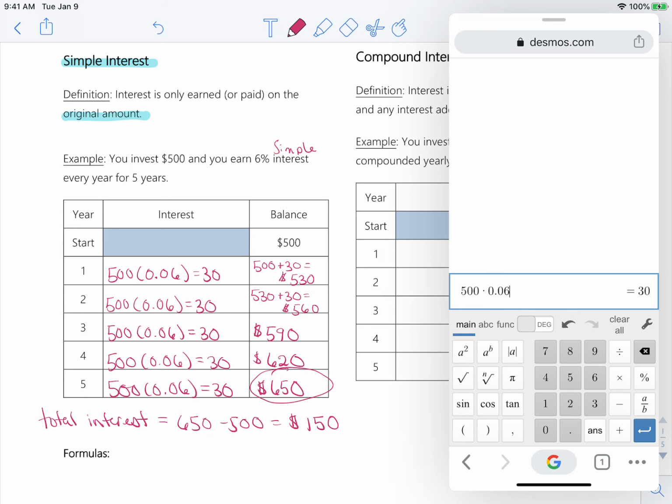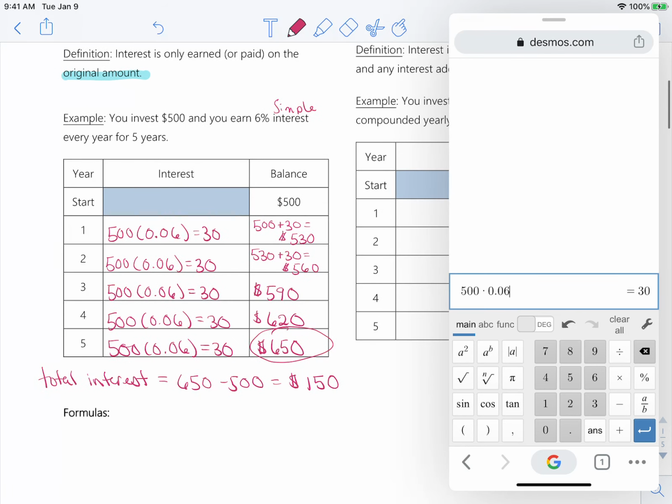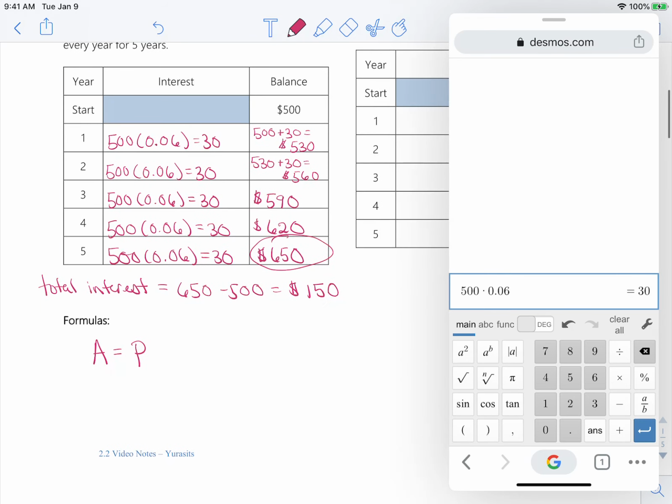But the last thing I really want to do is do this 5 times, right? There has to be a nice formula I can use. Well, typically with these formulas, A equals, okay, so remember we started with our original amount, which we're going to name P. What that P stands for is principal.